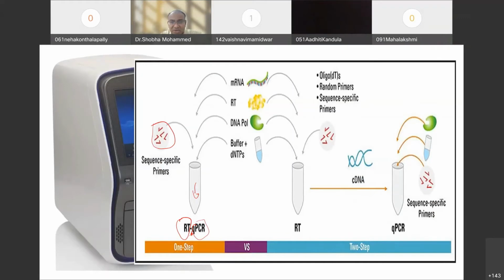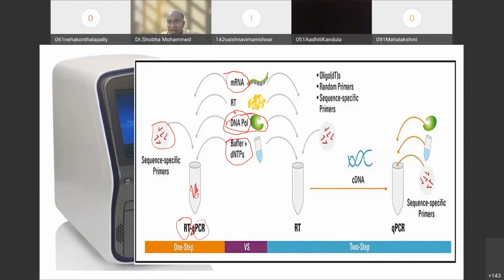I have extracted DNA or mRNA, whatever is present, and then the DNA polymerase enzyme I am going to use here, and then the buffers with the dNTPs I am going to add. So this is the fluid mixture with the primers and all these things added.